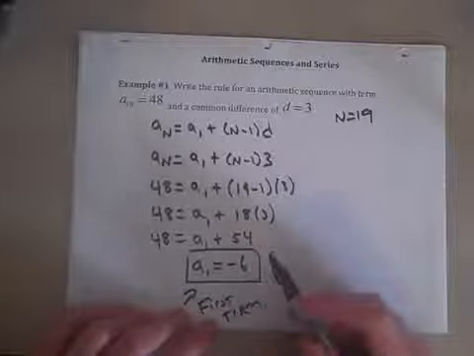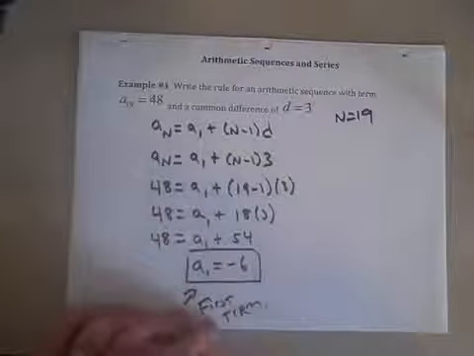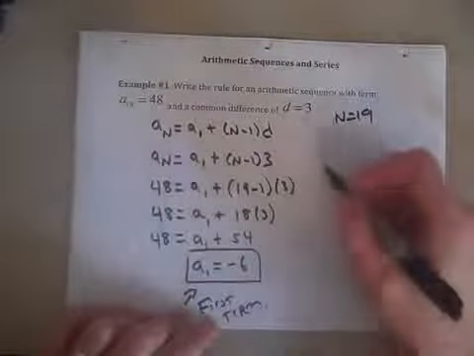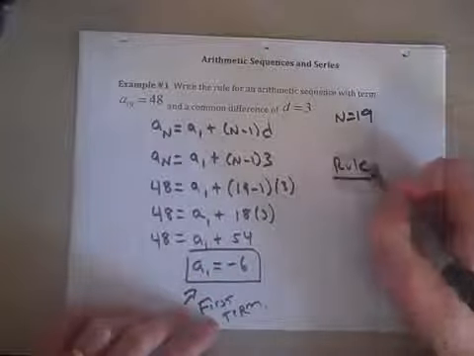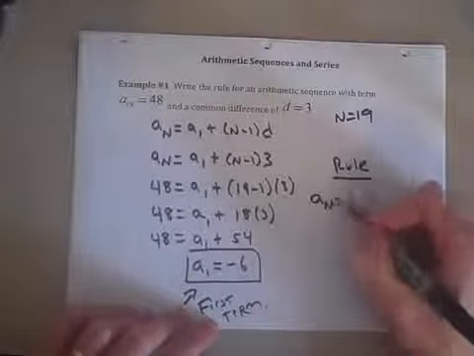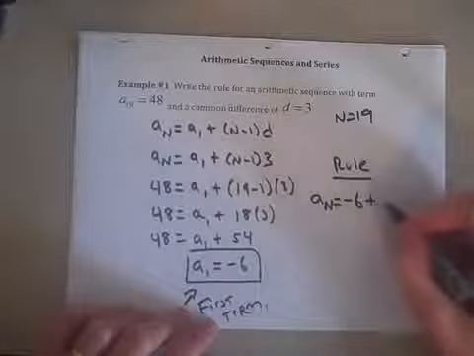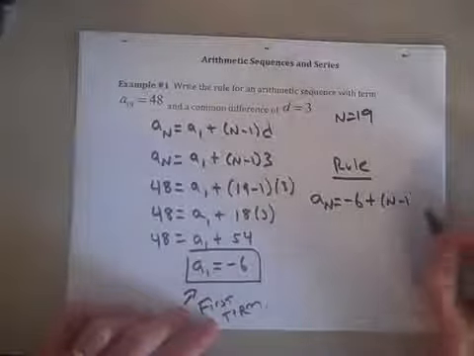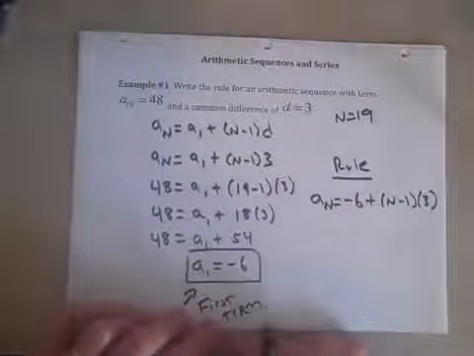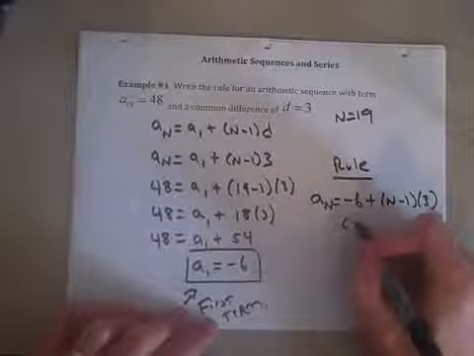So that means, let's see, what are we trying to do here? We're going to read the question, make sure I do exactly what the question asks. It says write the rule. Okay, so let's see, rule. Okay, that would be an okay answer.